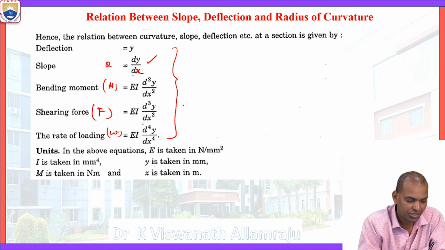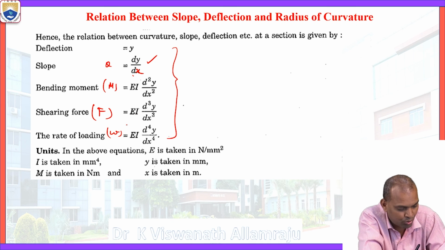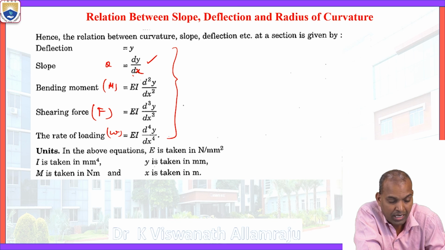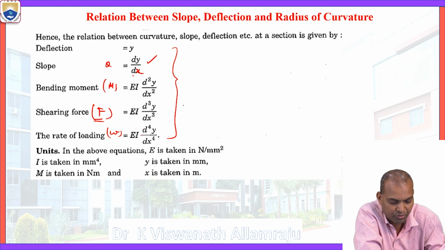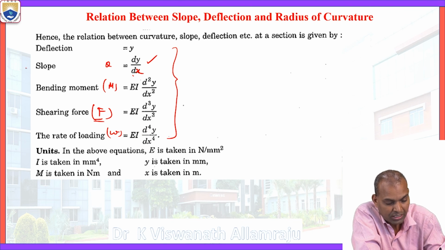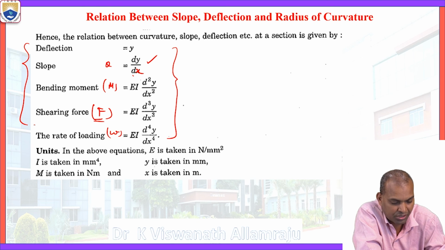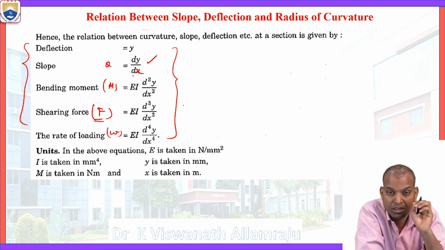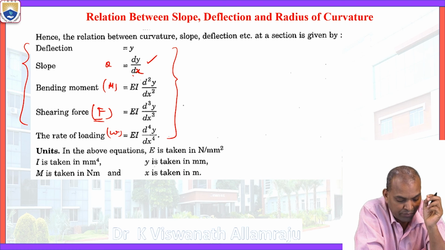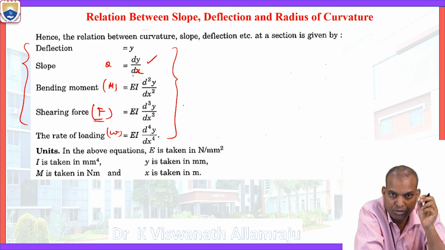The shear force equation is EI times d cube y by dx cube, and differentiating the shear force with respect to x gives the rate of loading, EI times d power 4 y by dx power 4. These are the interconnected relations from deflection to slope, slope to bending moment, bending moment to shear force, and shear force to rate of loading. This rate of loading comes as uniformly distributed load.